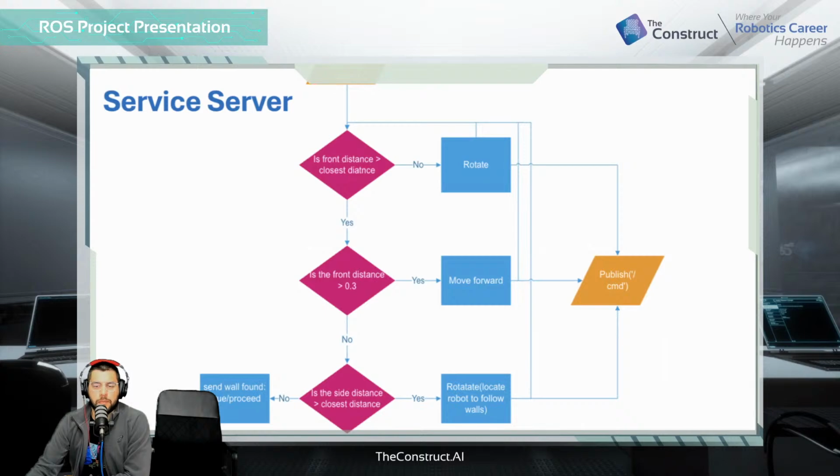After moving towards the wall a little bit, check whether the side distance is the closest distance. If it is not, then the robot would turn anti-clockwise, so that it can find its right direction for moving forward. When it completes that, it sends that it found the wall, and the robot would proceed with the next step.